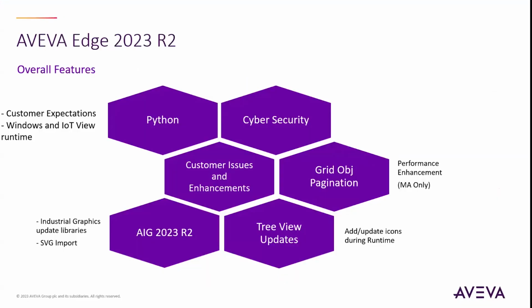The last thing I wanted to do is briefly go through some of the updates that came out with our most recent Edge release, which was 2023 R2, released last July 2024. We made some updates around cybersecurity.